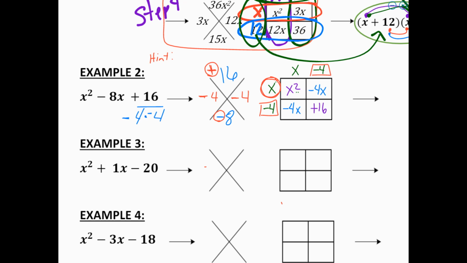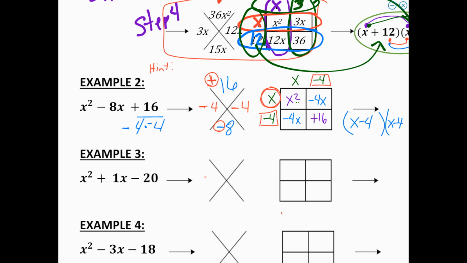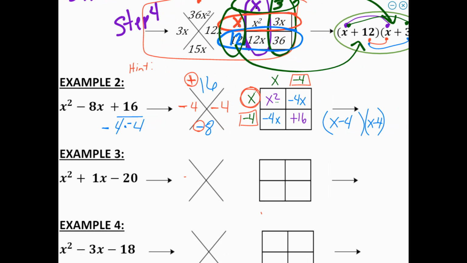Now, my final answer, okay, you can write yours next to the arrow. Because I've zoomed in, I can't write it over there. So my final answer is x minus 4 times x minus 4. Easier than what you thought at first?